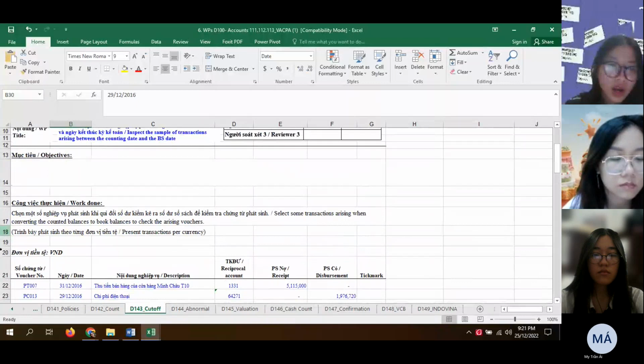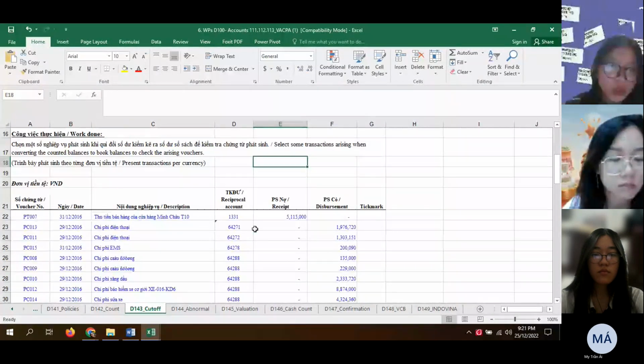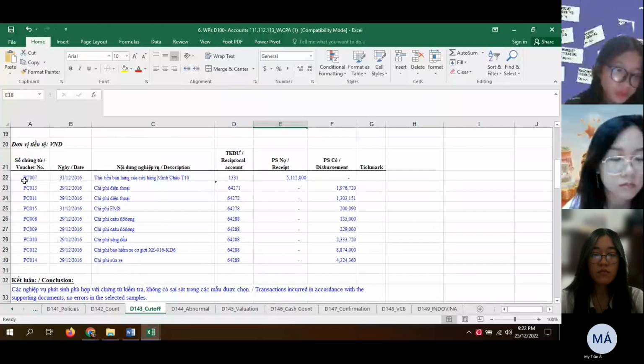I skip the cutoff D143 because in this we have 9 transactions at least from 29 to 31st that were not usual.